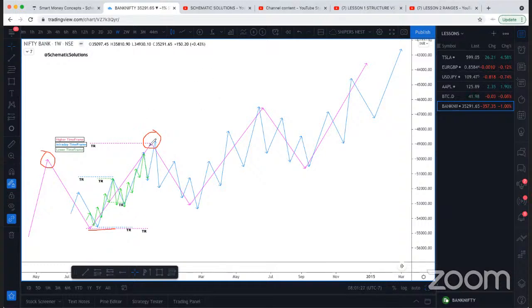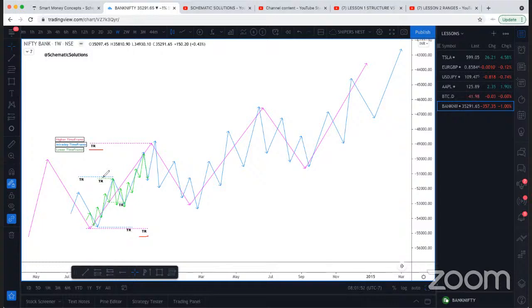So if that's our structure, our trading range is from here to here on the higher time frame, which is why we have these pink lines right here. So that's our higher time frame trading range. Once we have our higher time frame trading range, we then want to identify our intraday trading range.